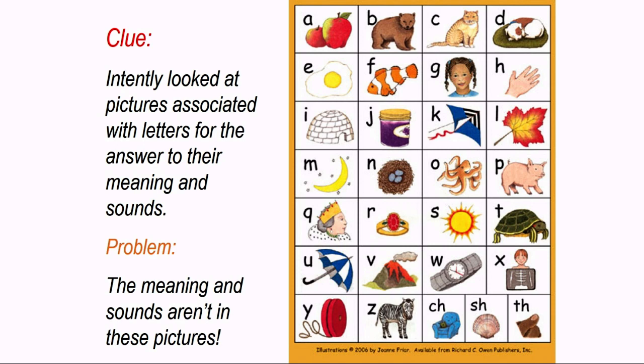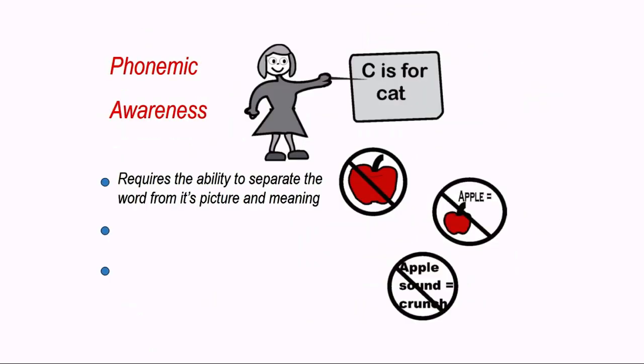So basically the association between the letters and the words that they put on alphabet boards only makes sense if you have phonemic awareness. But by definition, children with dyslexia don't have phonemic awareness and can't acquire phonemic awareness very easily. Because phonemic awareness basically means that when you say C is for cat, you really mean it's for the word cat.